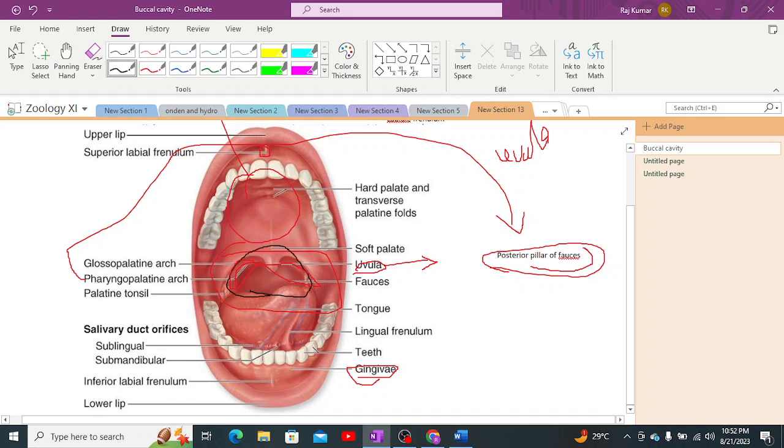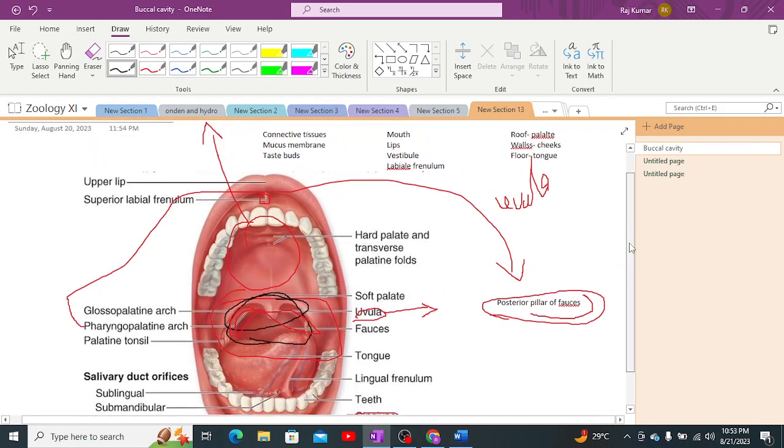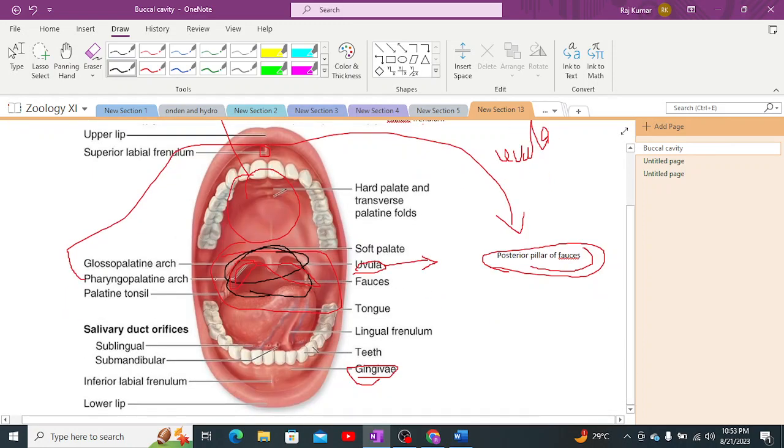This arched opening is supposed to make the cavity, the buccal cavity, through which the food is ingested. The palatopharyngeal arch makes the posterior pillar, and the palatoglossal arch, which is present in front of it, forms the anterior pillar. And the palatoglossal arch helps in swallowing and yawning.